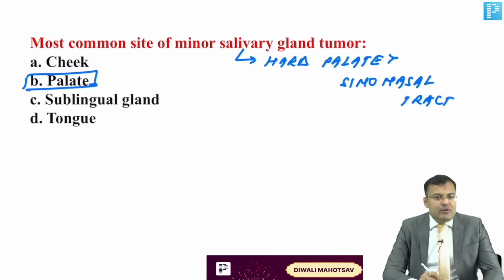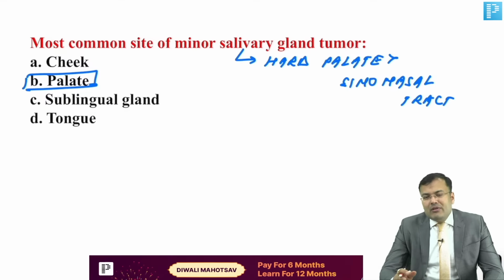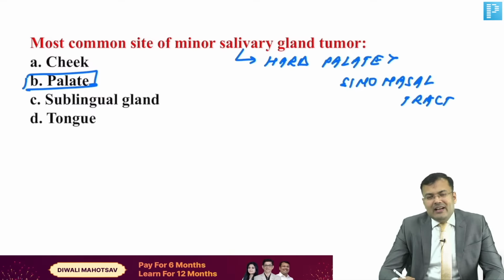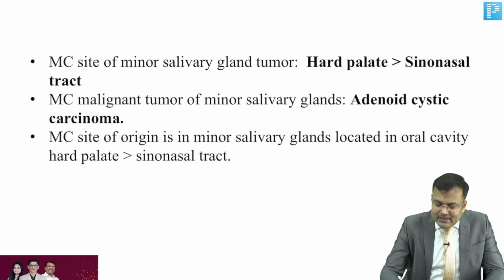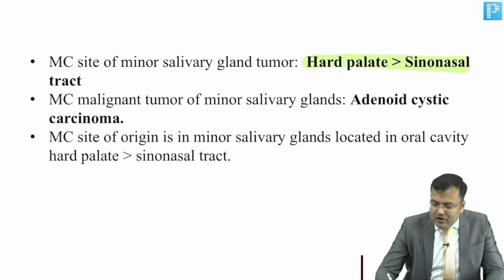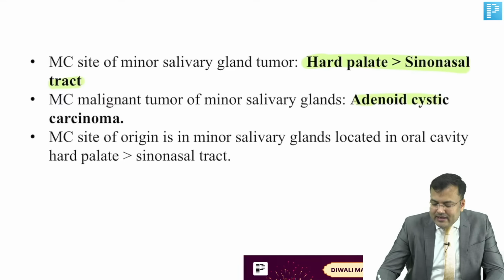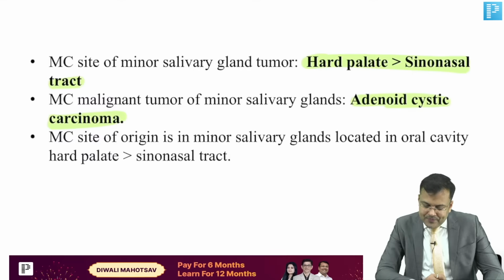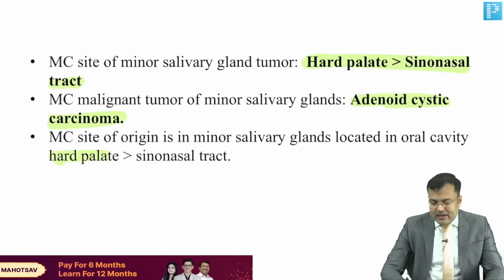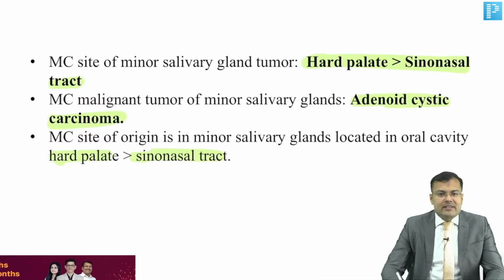It is not the sublingual gland. Sublingual gland is already a minor salivary gland. Most common site we discussed, it is hard palate followed by sinonasal tract, and the malignancy we discussed, that is adenoid cystic carcinoma. Clear? So, minor salivary glands are mainly located in hard palate followed by sinonasal tract.